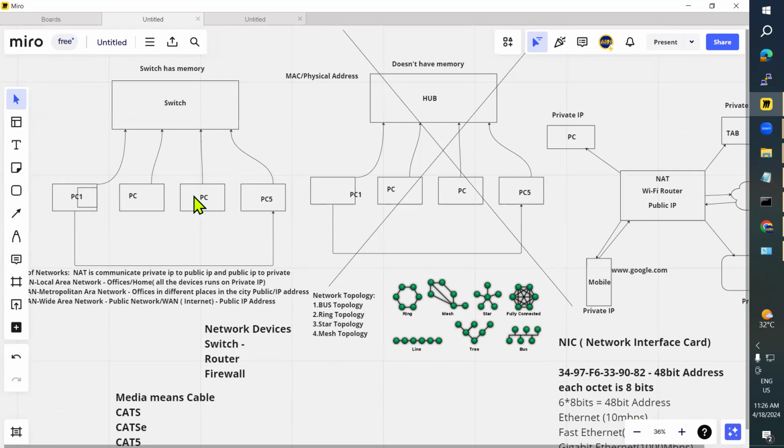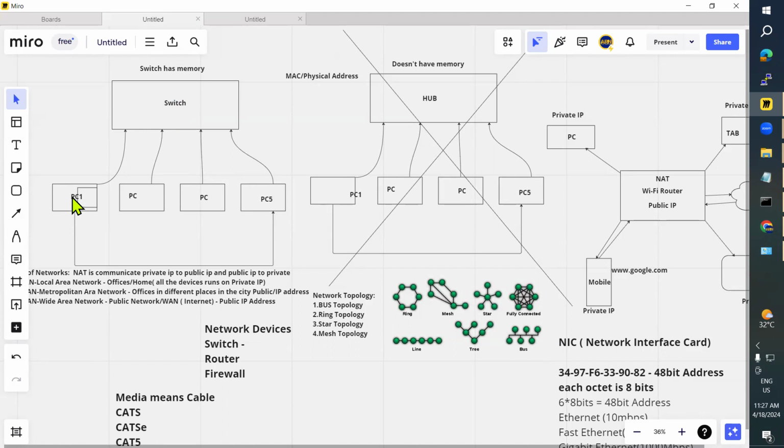A switch is a hardware device that provides centralized communication between wired devices connected within a LAN.